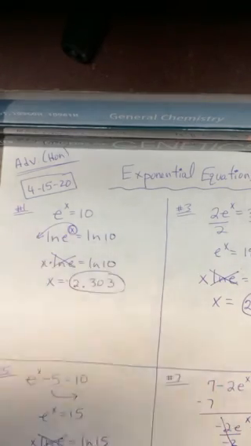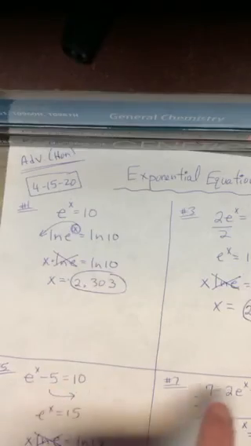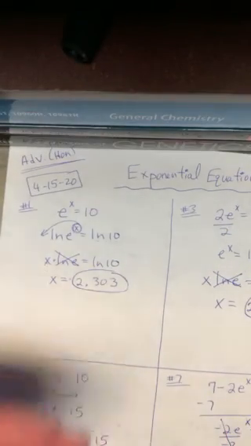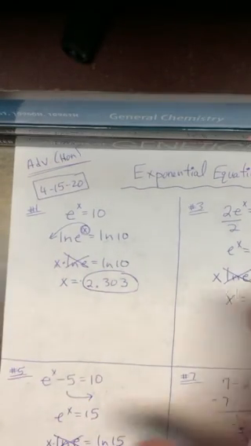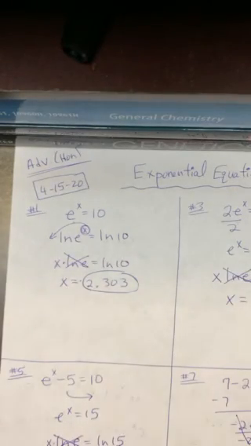We're going to see that in a few days when we do some growth and decay problems. And because the base of e is such a popular base in those types of problems, it was good practice to practice solving some exponential equations that had a base of e.